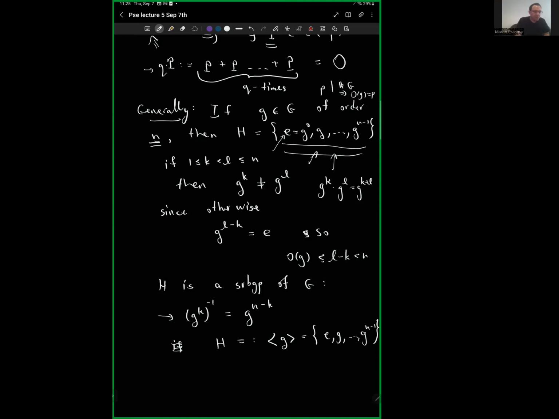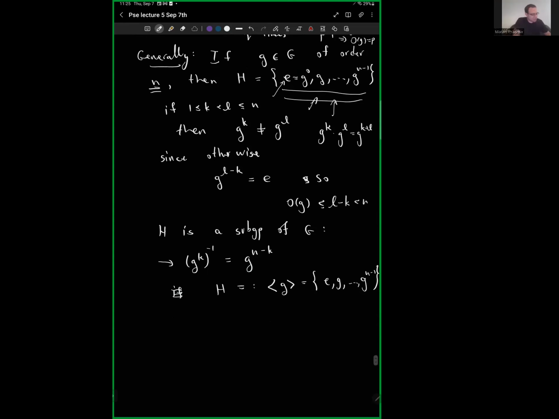Other questions? All right. We need to have an example, so we simply recycle the examples we have. We know that Z mod 10, by Cauchy, must have a subgroup of order 5.